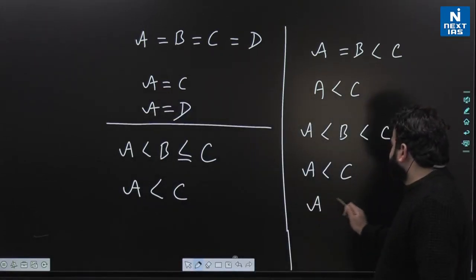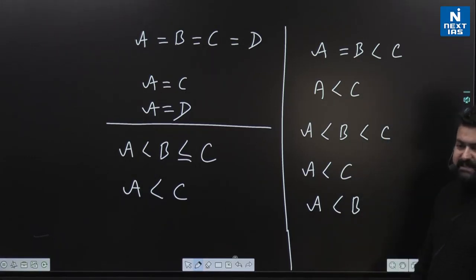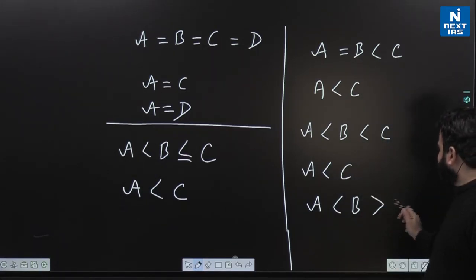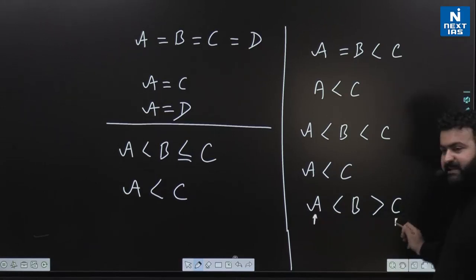Next, given A is less than B and B is greater than C. A is less than B, B is greater than C. Now tell me one thing. Between A and C, can we establish any relation? All of you, yes or no? Between A and C, can we establish any relation?